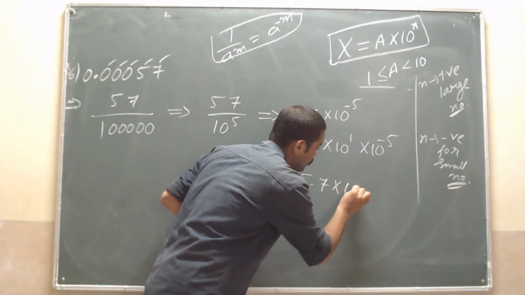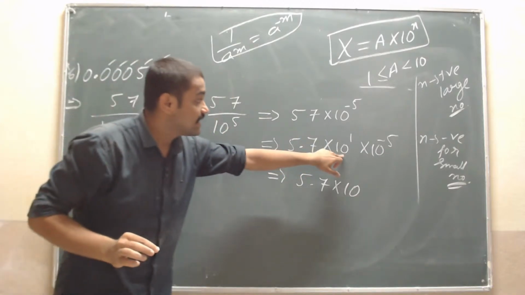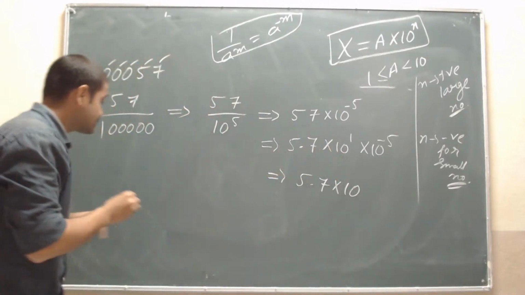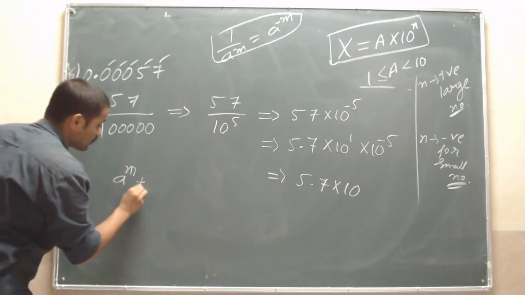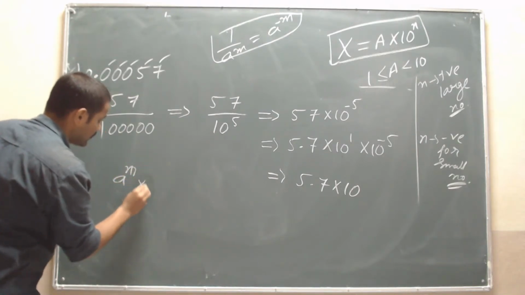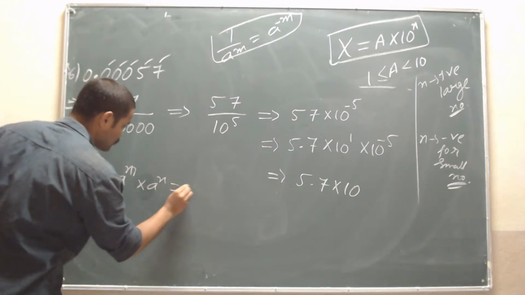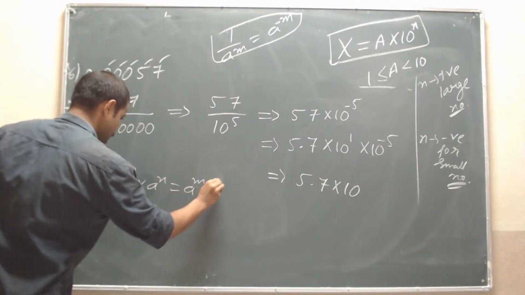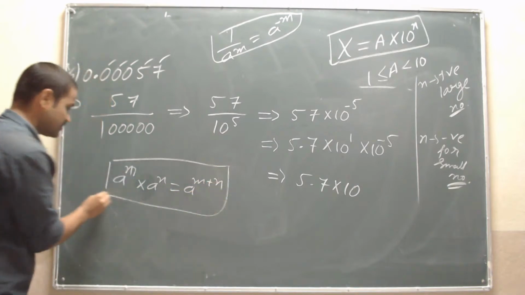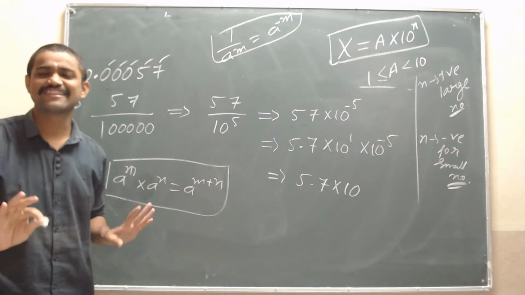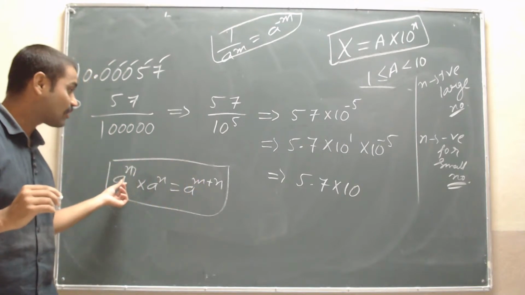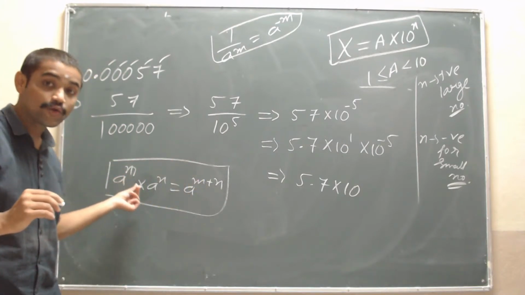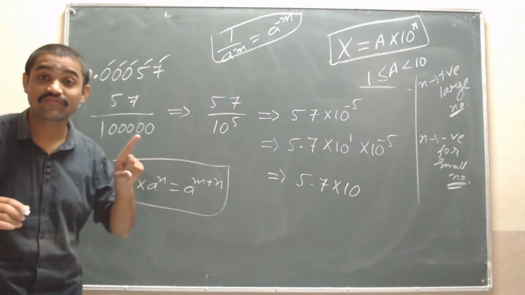5.7 into 10 to the power of, concentrate. We have to apply the formula a to the power of m into a to the power of n is equal to a to the power of m plus n.